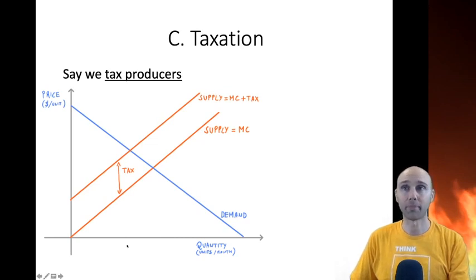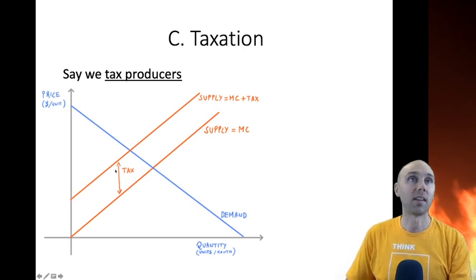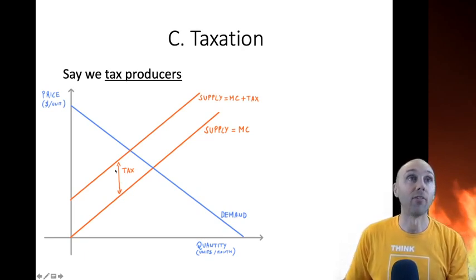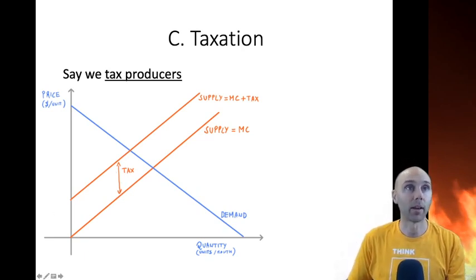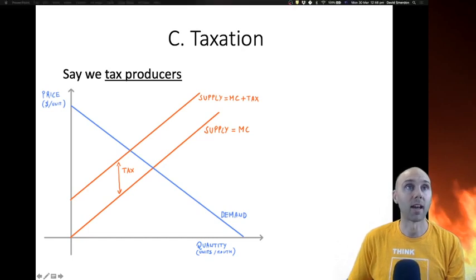So essentially, at every point where you produce the kth good or the nth good, so for example here the sixth good, before the marginal cost was here, and that gives us the price. But now we have to add on that tax. So it's exactly a vertical increase in the supply curve by that amount of the tax.